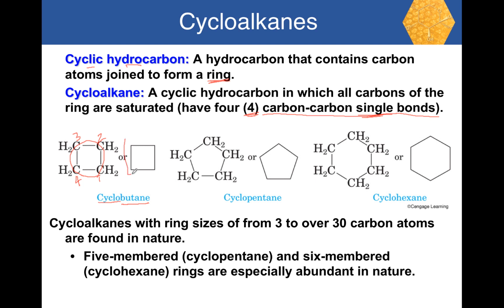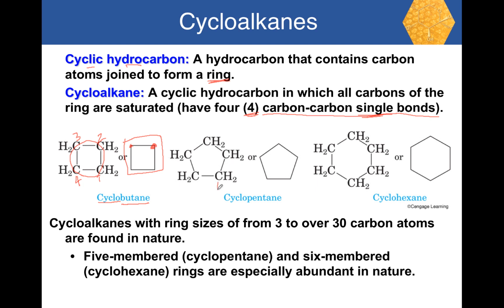Notice we can write it like this, which is the line angle. Remember that here is a CH2 because there are 4 bonds to each carbon, and at each intersection or angle there's a carbon.